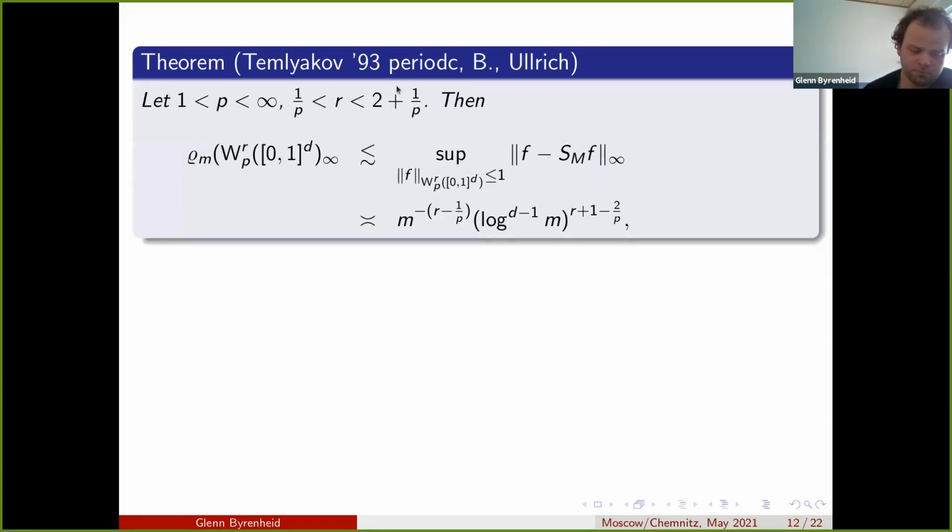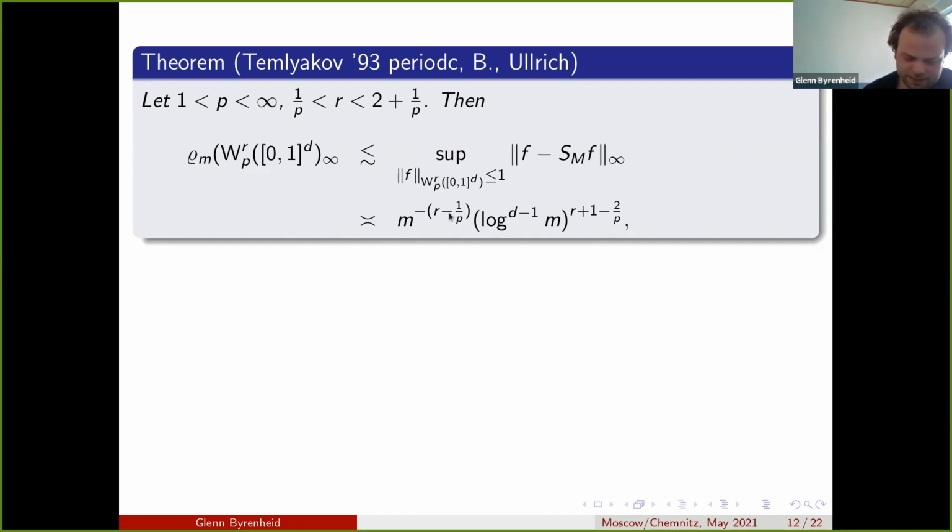Then we can bound the m-th linear sampling number, where we measure the error in L infinity and the function comes from the Sobolev space, from above by the supremum over all f belonging to the unit ball of the approximation error, where here S_m should be I_m. So this is the truncation operator I presented before. And this equals, up to asymptotic constants, this rate.